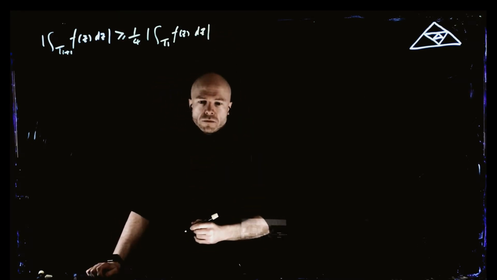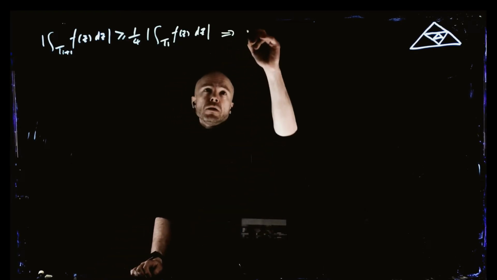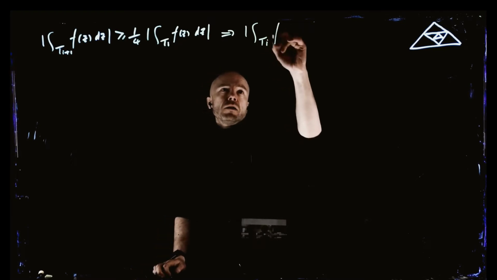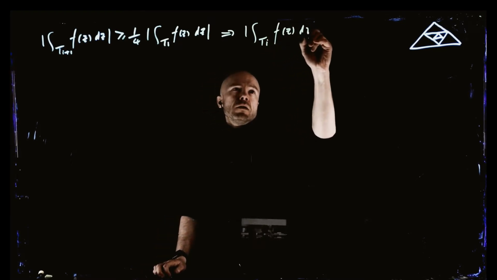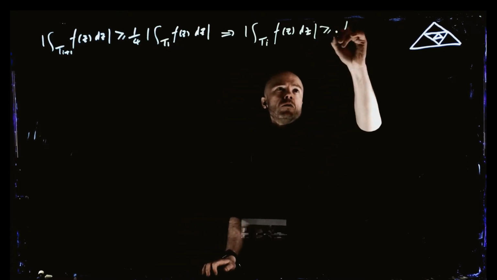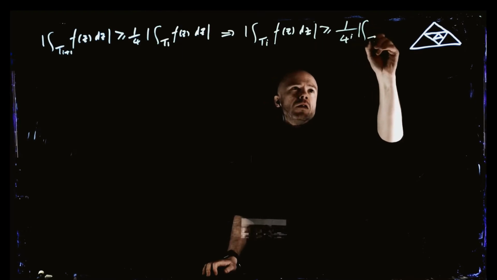So in particular, if we take the absolute value of this guy, it's bigger than 1 over 4 to the i, the integral absolute value of our original.